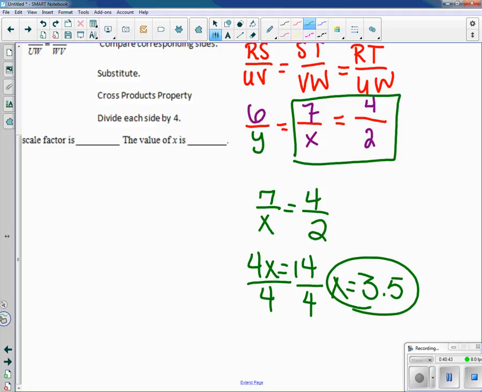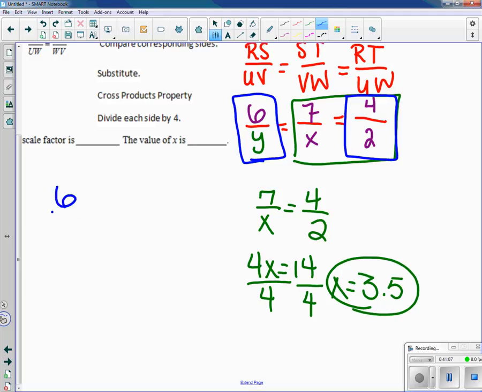Did I lose anybody on how I did that? Now, to find y, look at this. To find y, these are my two ratios I have to set up. Are you ready? I have to use this one because that's the one I have values for. That's my scale factor. And I'm going to use this one.